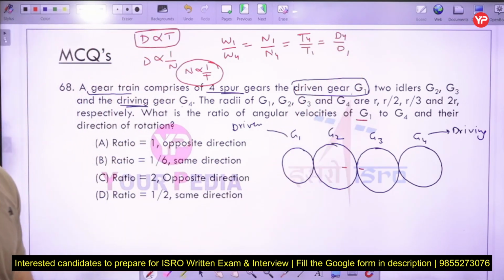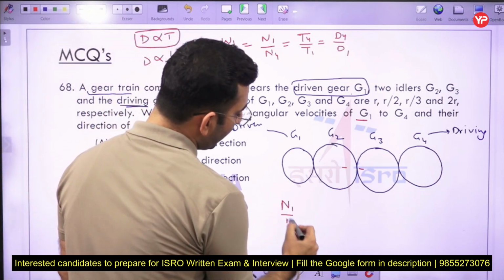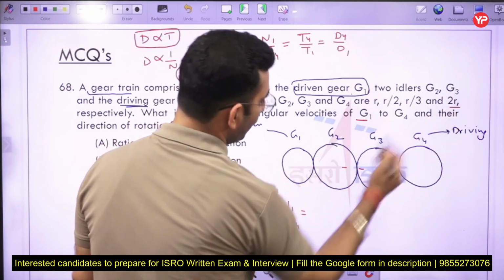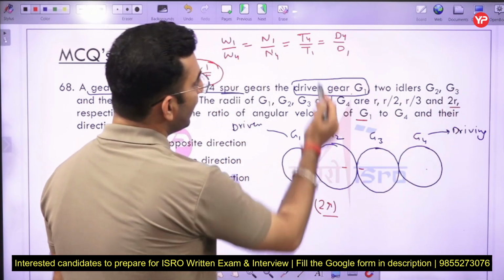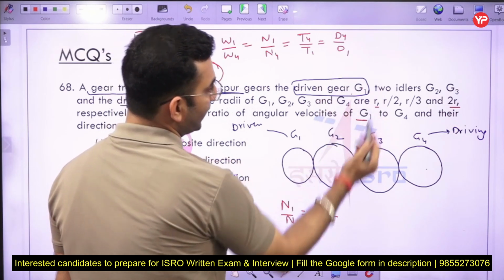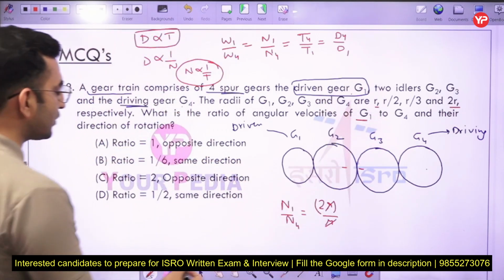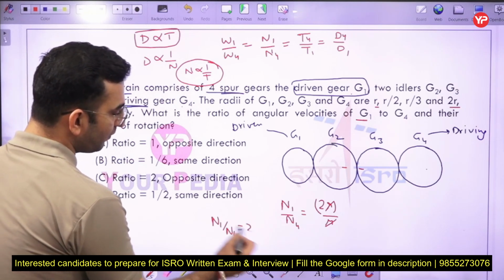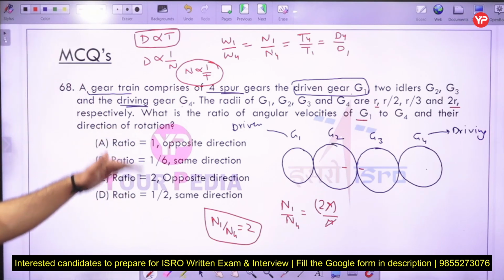So the ratio N1 by N4 becomes D4, that is 2R, the diameter of gear 4, over the diameter of gear 1, that is R. So N1 by N4 is going to be equal to 2. So option C will be the correct one, because no other option is matching.